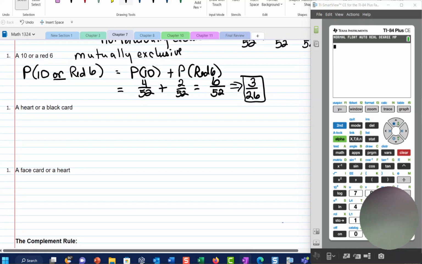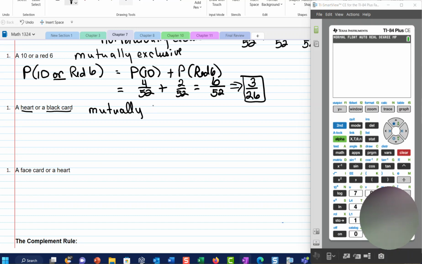All right. So now we want a heart or a black card. These are mutually exclusive. Right.